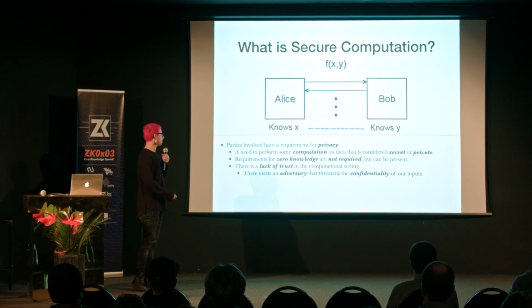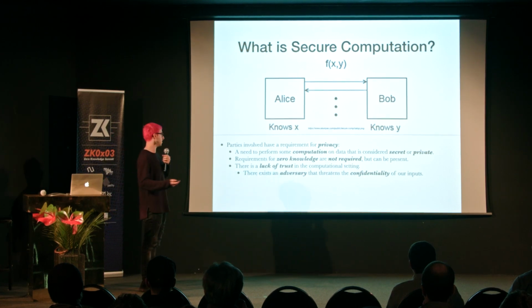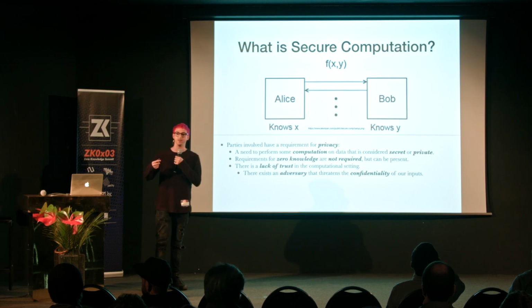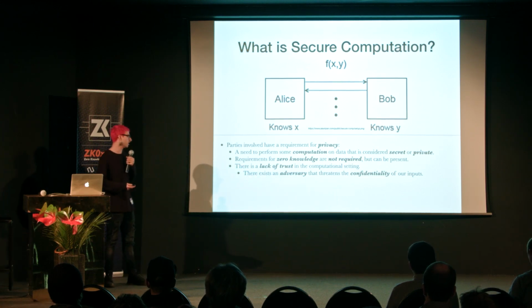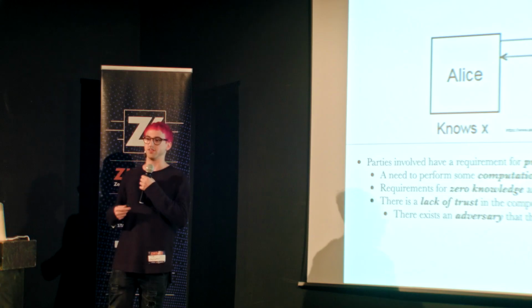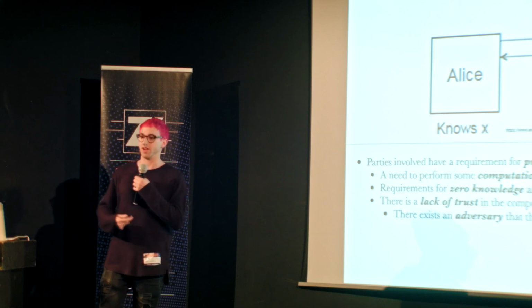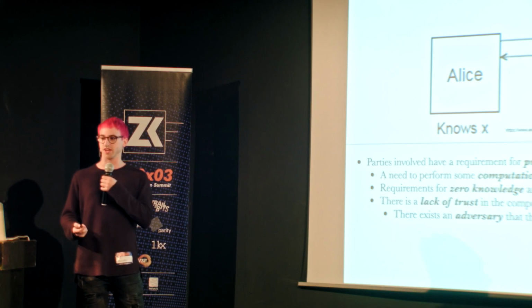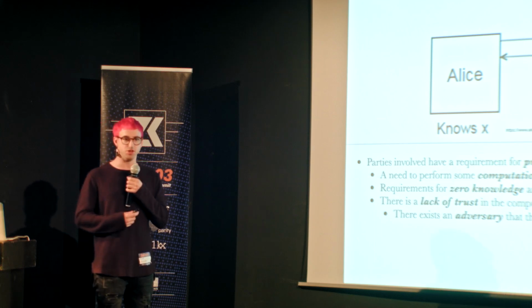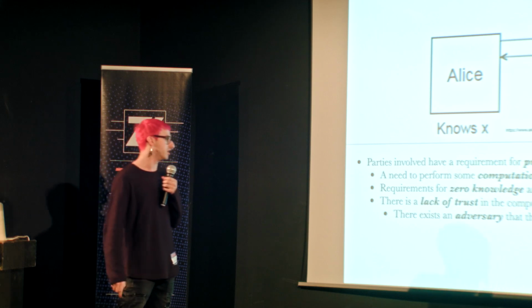The requirements for zero knowledge in secure computation are not required, but they may be present. Typically in a secure computing environment, there is a lack of trust in the computational setting, whether that means a network-level adversary, a computational adversary, as in the person doing the computation, or maybe you don't trust the hardware that the computation is actually being performed on.